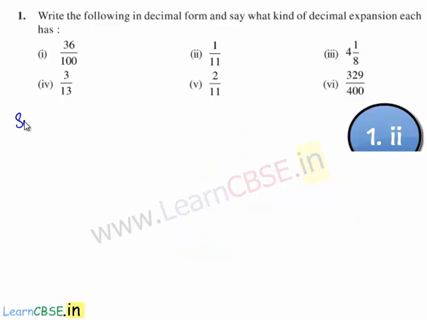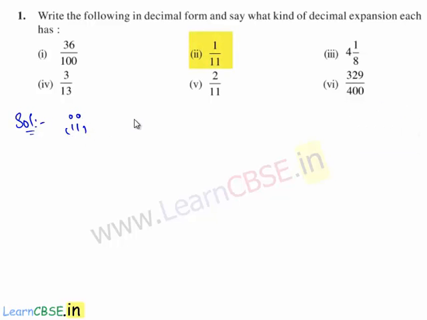Now let us move on to the second bit. Here we need to find the decimal expansion of 1 upon 11, that is 1 is divided by 11. So 11 does not go in 1, so we take 0, as 11 times 0 is 0, the remainder is 1.